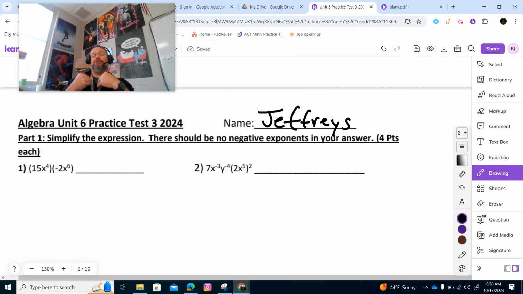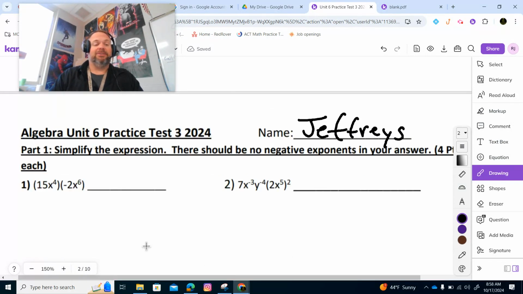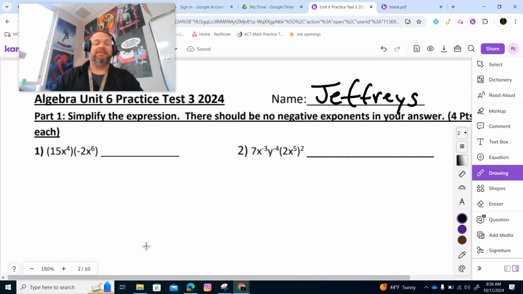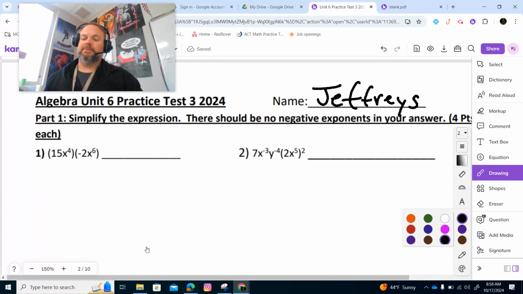Because I went kind of big for my part one on my orange sheet, I put every exponent rule on there. Now, some people might say, oh gosh, if Jeffries did that, there's no way I'm passing. Well, who knows?